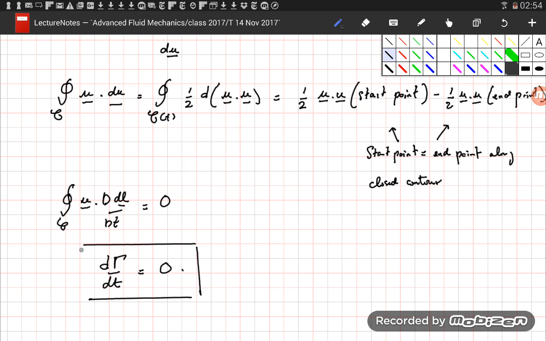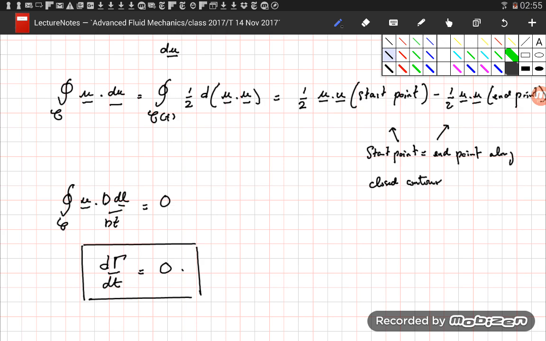Okay, so try to keep this result in your mind, because we'll discuss that again. We'll get back to that later on when we discuss certain applications of vortices, especially in aerodynamics.